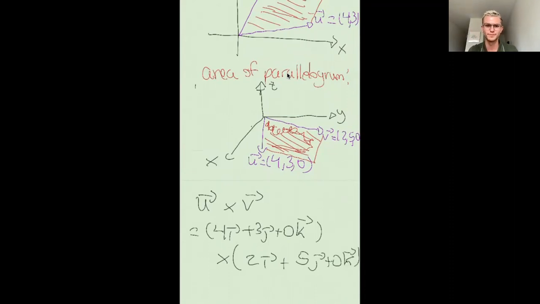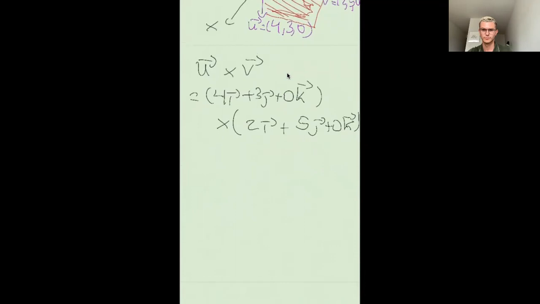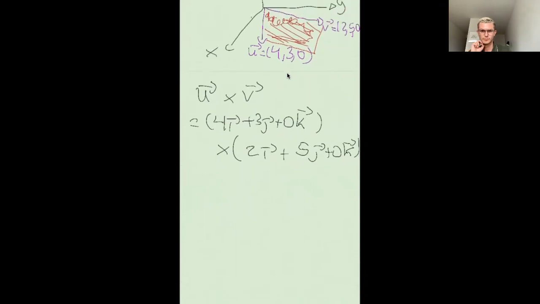Is that okay with everyone? There's no point in keeping the zeros, right? So you can just write 4i plus 3j cross 2i plus 5j.